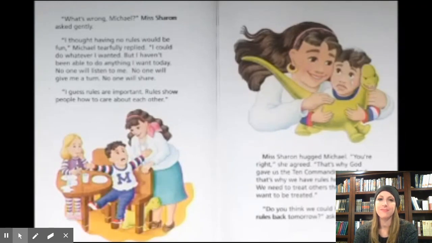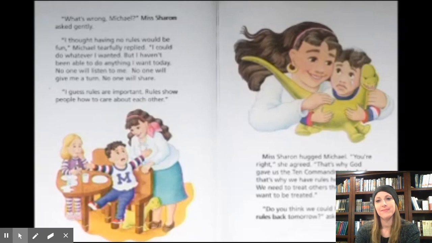"I thought having no rules would be fun," Michael tearfully replied. "I could do whatever I wanted, but I haven't been able to do anything I want today. No one will listen to me. No one will give me a turn. No one will share. I guess rules are important. Rules show people how to care about each other."